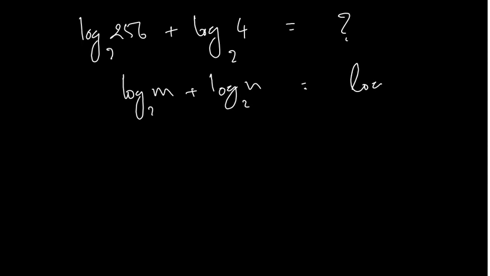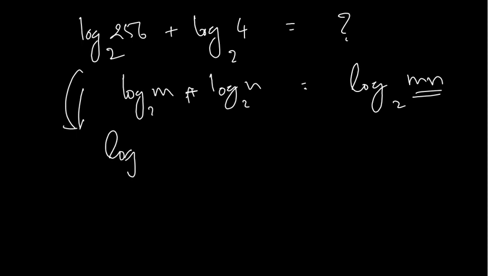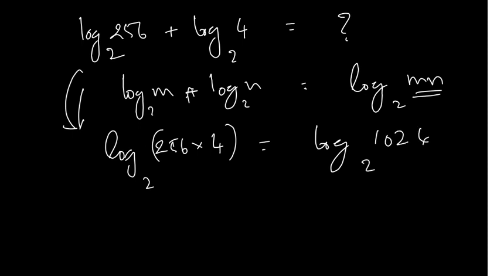So this gives you log mn to the base 2. Therefore, this can be written as log of 256 into 4 to the base 2, which equals log 1024 to the base 2.